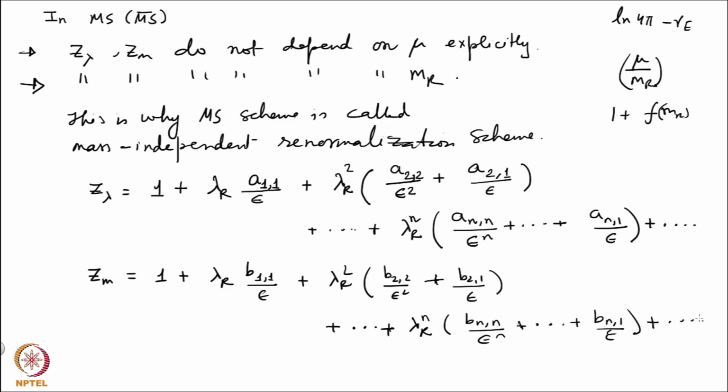So that's the structure, and as I said, Aij and Bij are constants. That's the general structure of these renormalization constants in the MS scheme or MS bar scheme, the same thing.